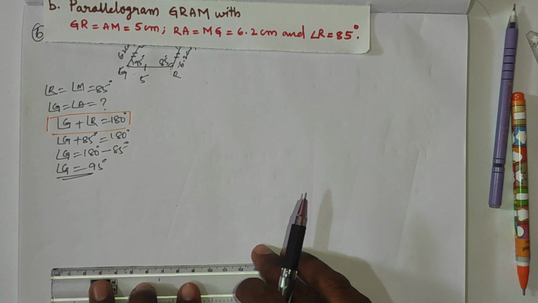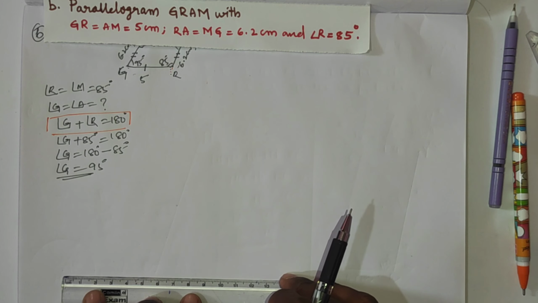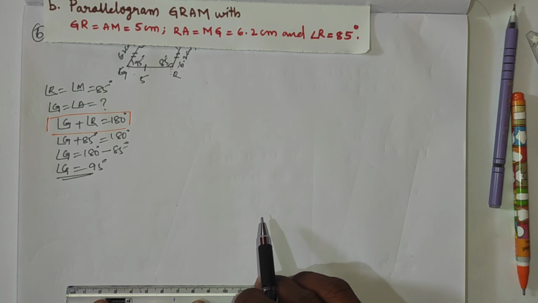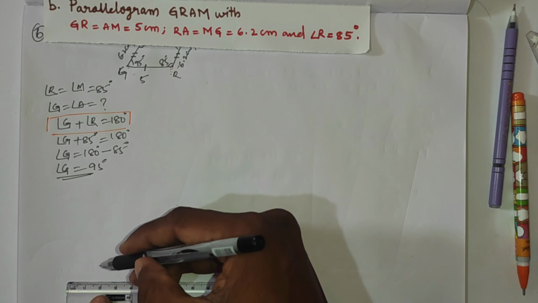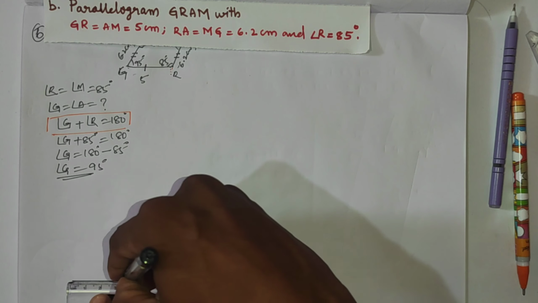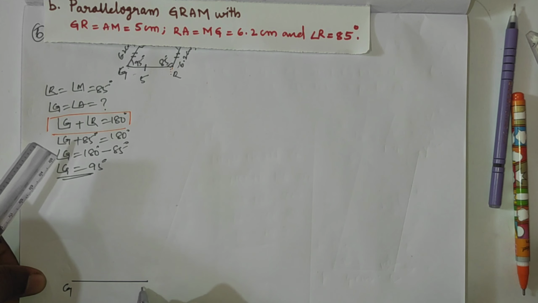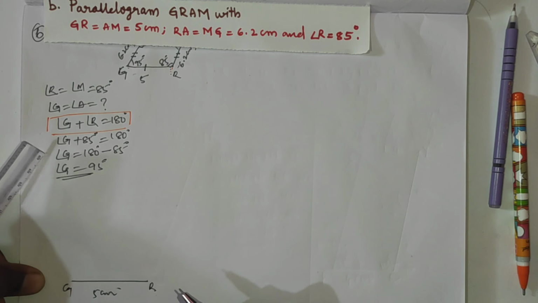GR is equal to 5 centimeters. G to R is equal to 5 centimeters.